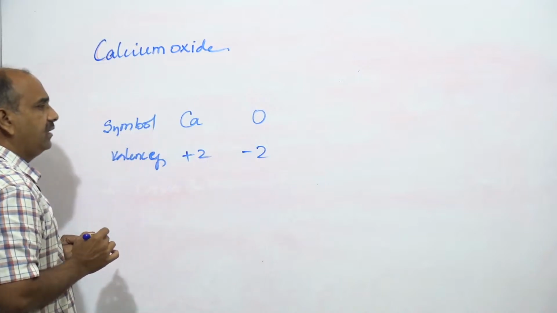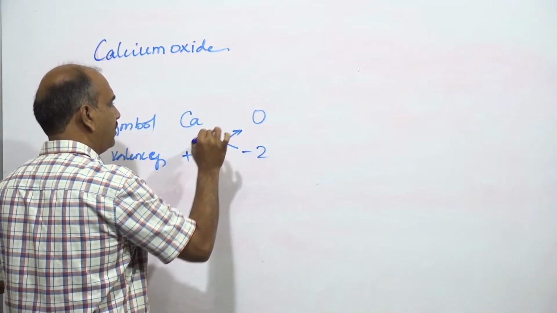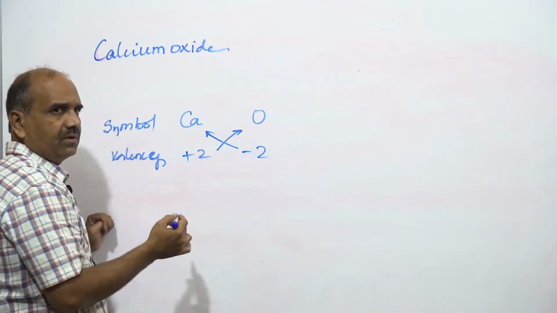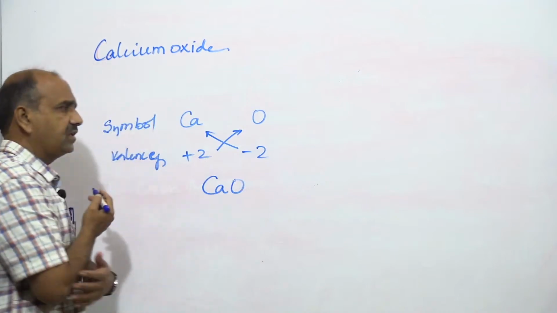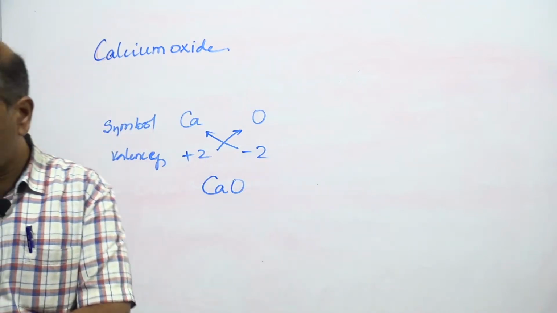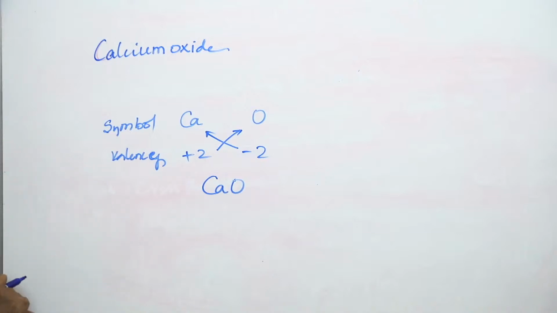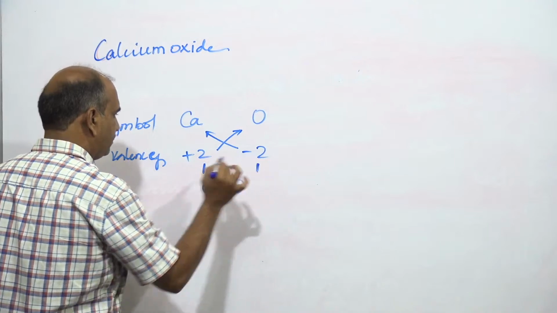Then when you cross this, both are the same, so 2 and 2. When you remove the common factor, this becomes 1, this also becomes 1.